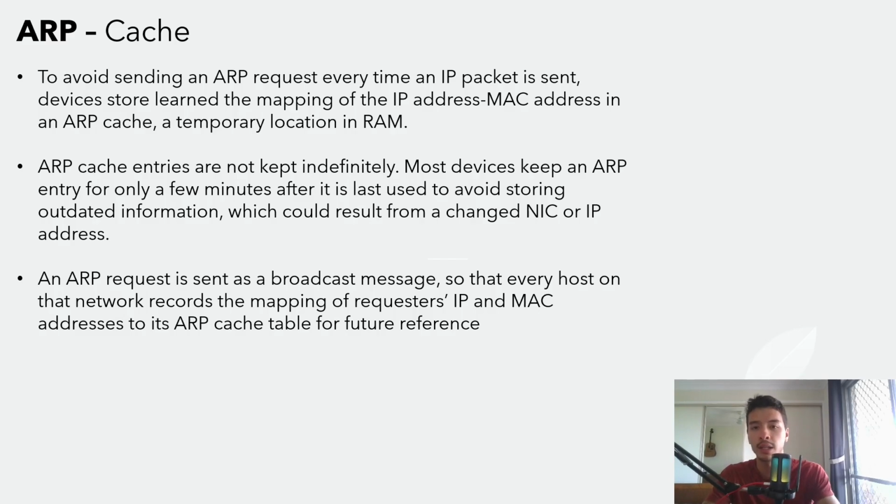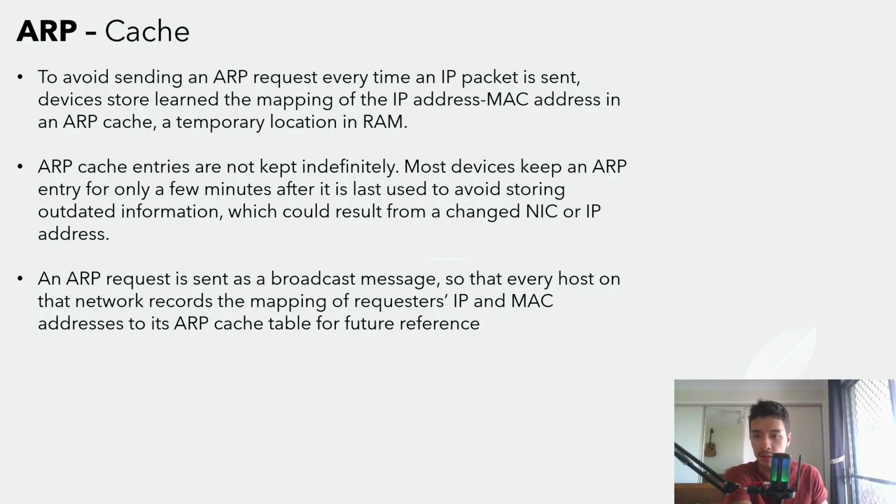So ARP cache entries are not kept indefinitely. Most devices keep an ARP entry for only a few minutes after it is last used to avoid storing outdated information, which could result from a changed NIC, which is a network interface card, or IP address.